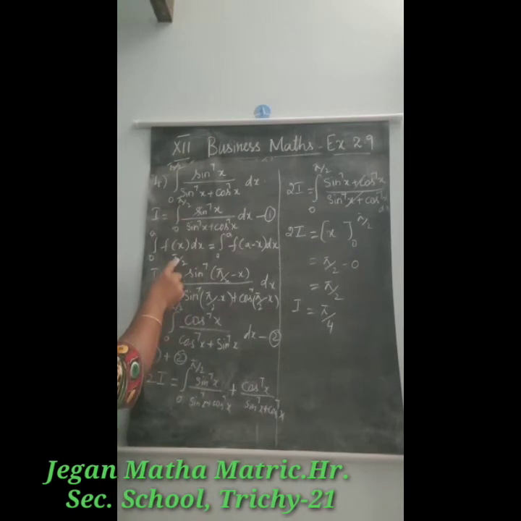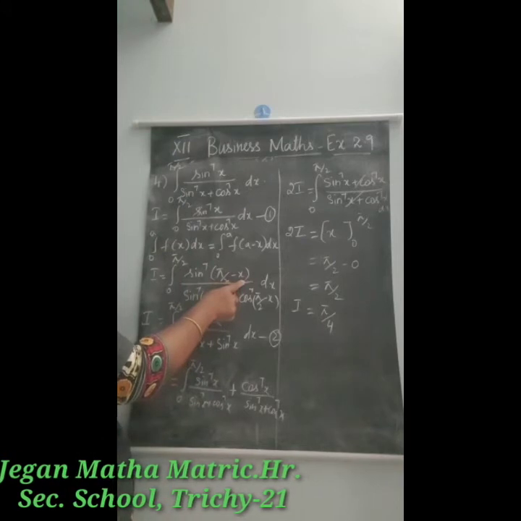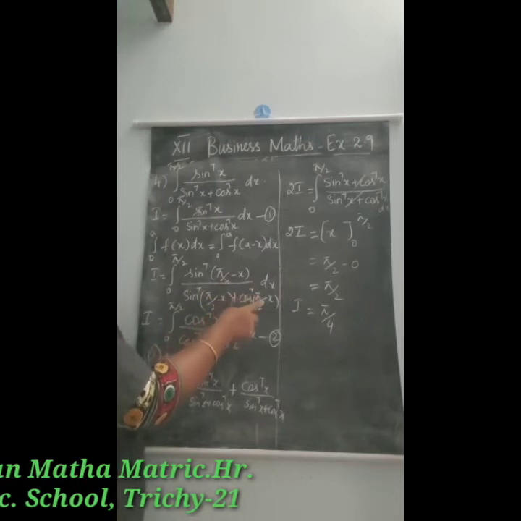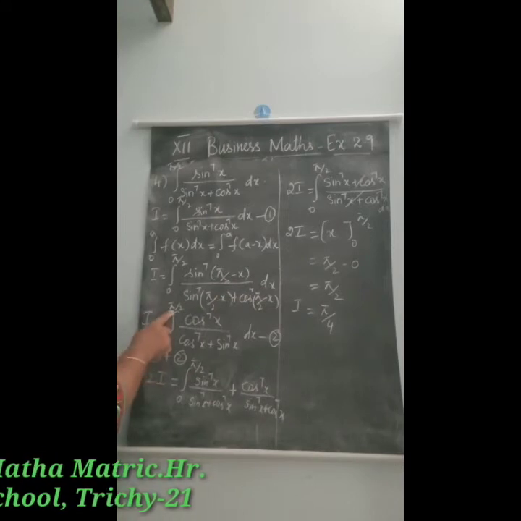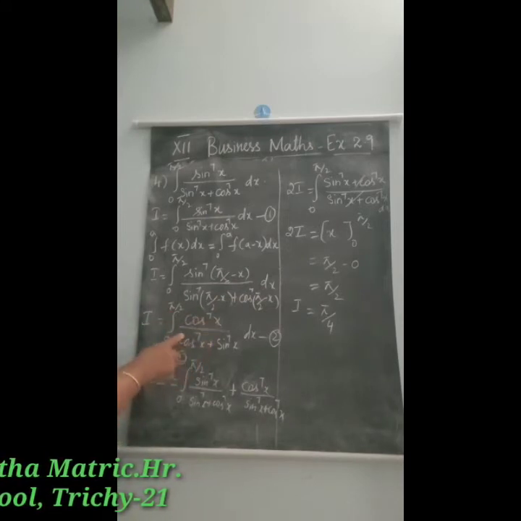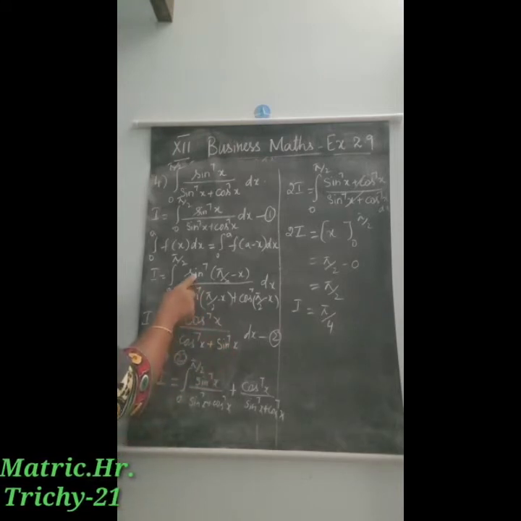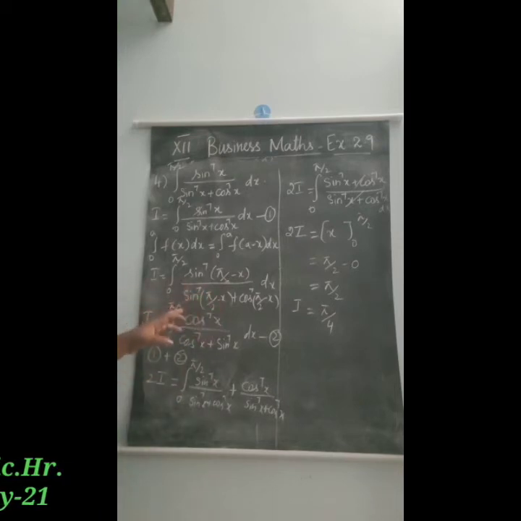So I is equal to the integral of 0 to pi by 2 of sin power 7 (pi by 2 minus x) divided by sin power 7 (pi by 2 minus x) plus cos power 7 (pi by 2 minus x), which is the integral of 0 to pi by 2 of cos power 7x divided by cos power 7x plus sin power 7x, because sin (pi by 2 minus theta) is cos theta, that is 90 minus theta, and cos (pi by 2 minus theta) is sin theta.